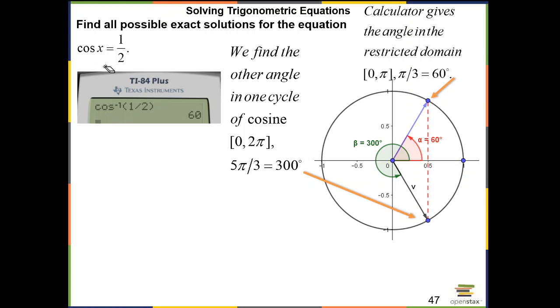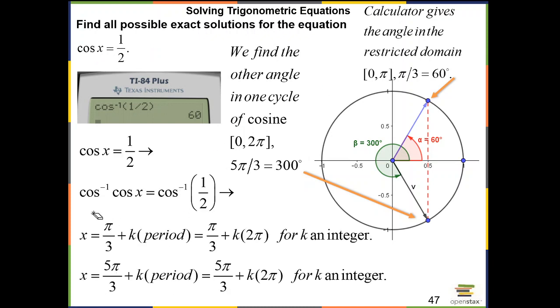So we take cosine inverse of both sides, and this is what we end up with. Cosine inverse of cosine x equals cosine inverse of 1/2. Now cosine inverse of cosine x is just x. And what about cosine inverse of 1/2?